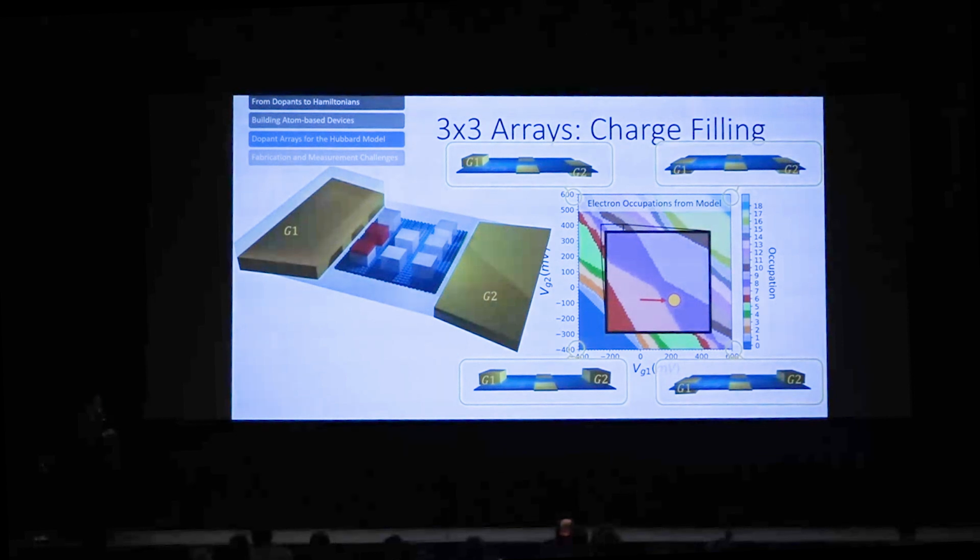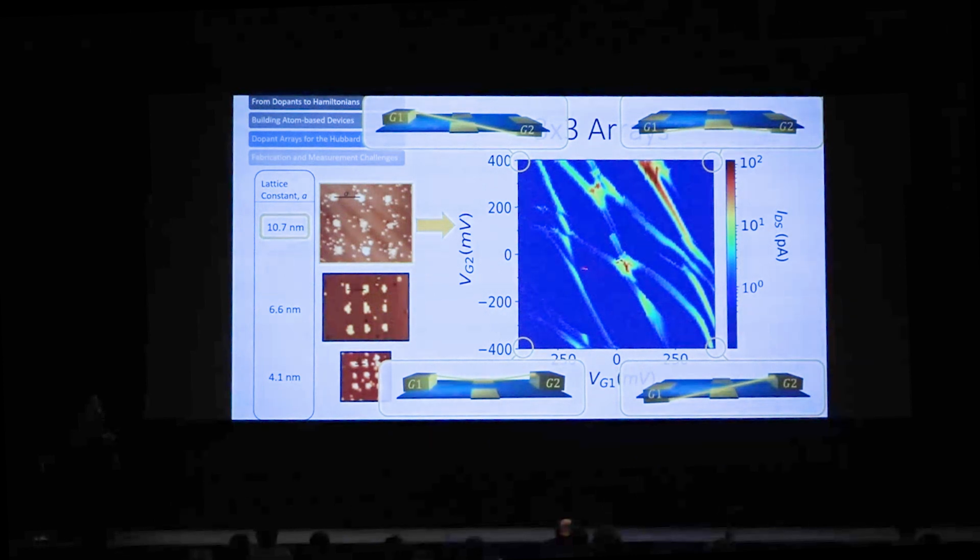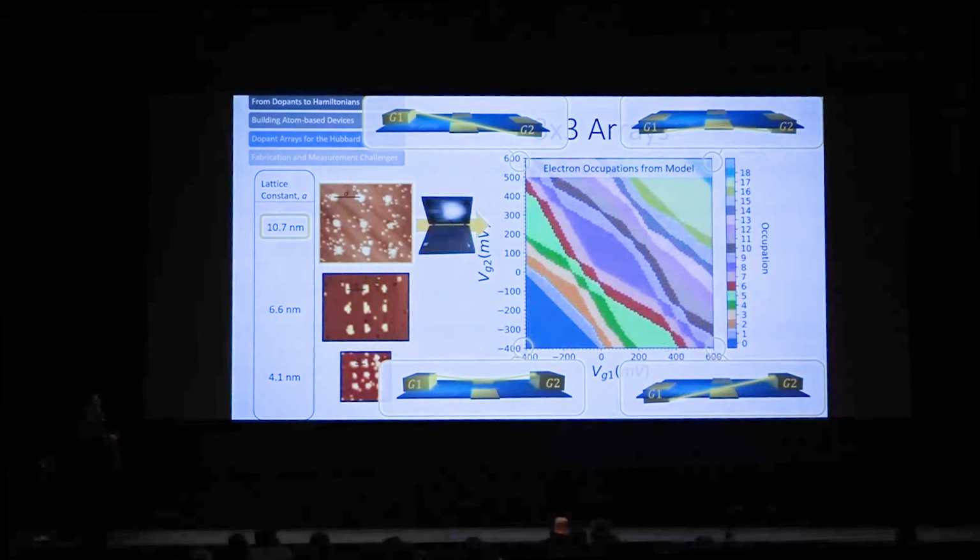And so I should say, in the experimental map, we've got mostly regions where there is no current flowing, and then the place where we see current flowing, that's because we're adding extra electrons to the array. We're able to hop on and hop off of the array. So this is showing the boundaries between each of those regions of electron occupation.